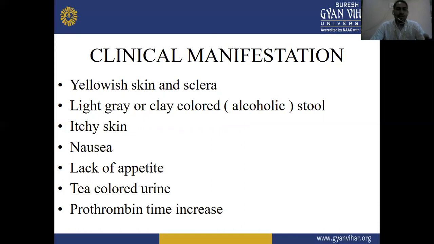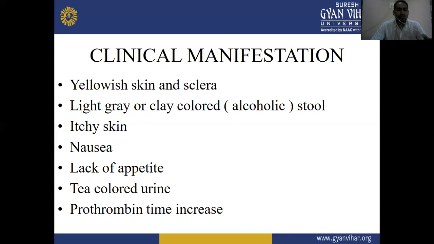Second clinical manifestation is light gray or clay colored stools. Next are itchy skin, nausea, and lack of appetite, meaning anorexia, due to increased level of bilirubin in blood.